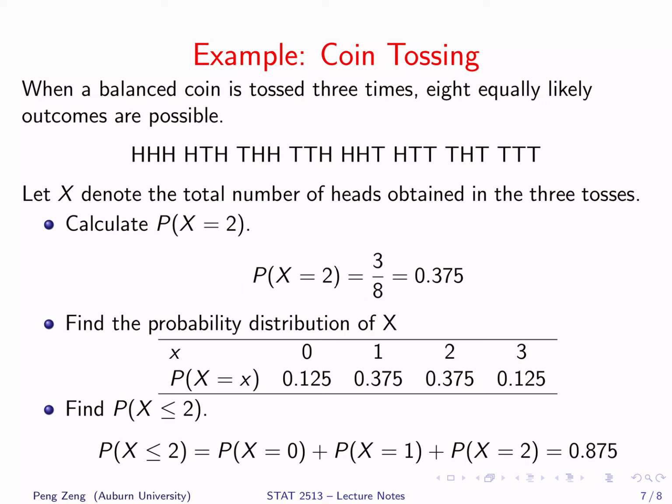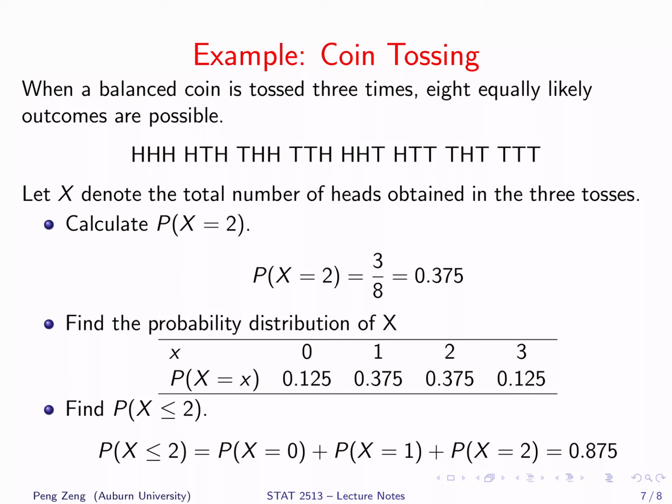One may ask how we know that the 8 possible outcomes are equally likely. We can get this using the special multiplication rule. Recall the example of roulette we discussed earlier. The 3 tosses are independent of each other. Therefore, P(HHH) equals P(H) times P(H) times P(H).